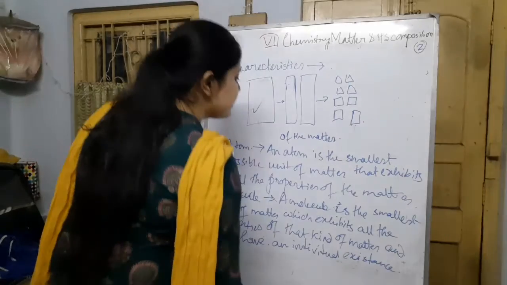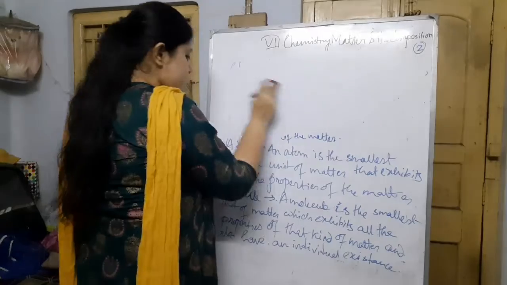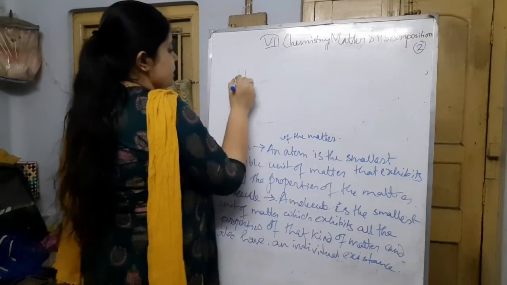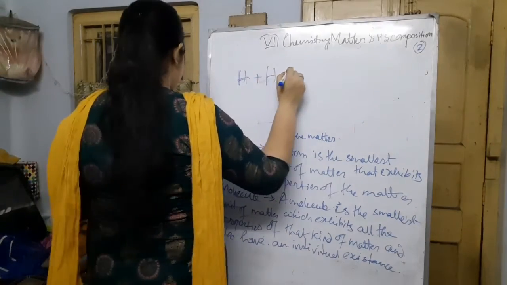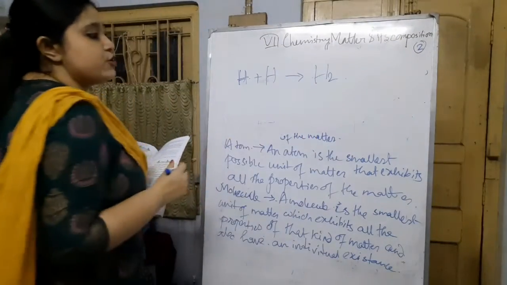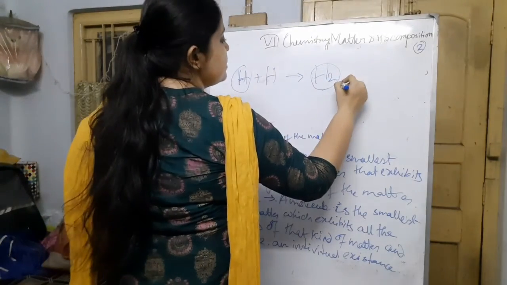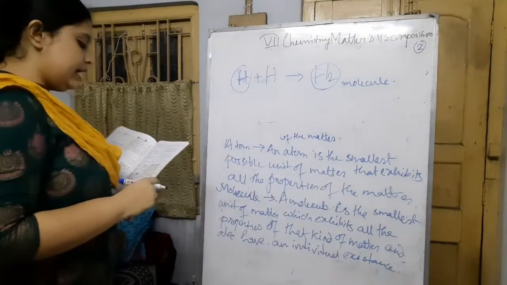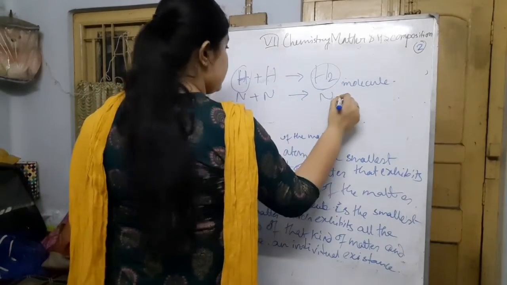Let me give you some examples of molecules. As you know, hydrogen is a gas, and it usually exists as H2. Here H is one atom and H2 is the individual molecule which can exist individually. In the same way, nitrogen is present as N2.